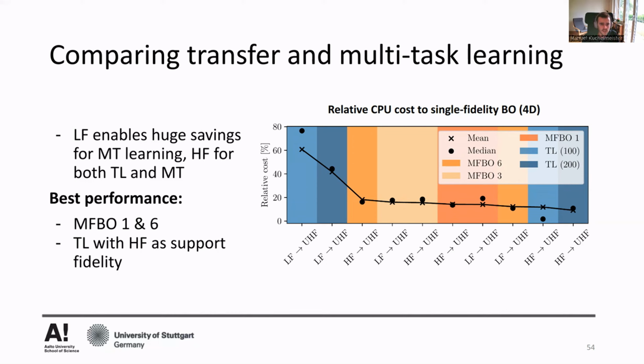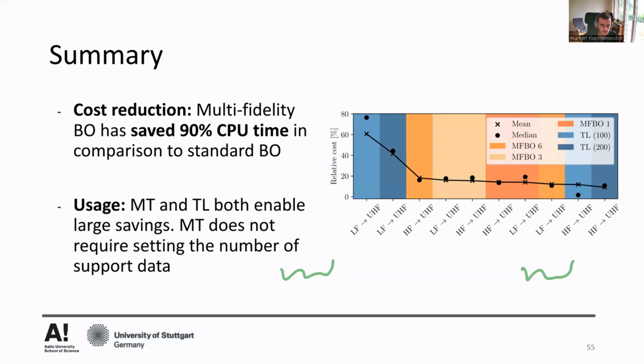And we saw that in transfer learning the number of initialization points turned out to be more important if the correlation is not as strong, and less important if the correlation was stronger.